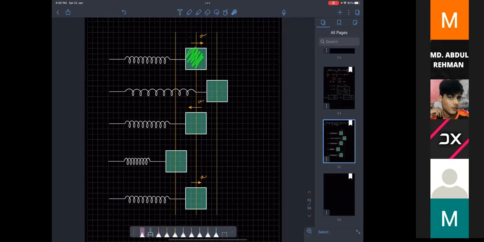Now look at this. Here, kinetic energy is maximum, potential energy is minimum because the spring is not stretched. I'm talking about the potential energy of the spring.